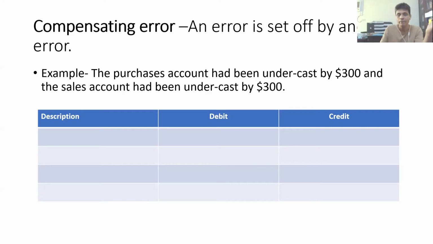So you have purchasers account and sales account. So under balancing, we discussed, you balance and you transfer it to the trial balance. So when you balance the purchasers account, the balance is undercast by 300, less by 300. And also sales account is less by 300.